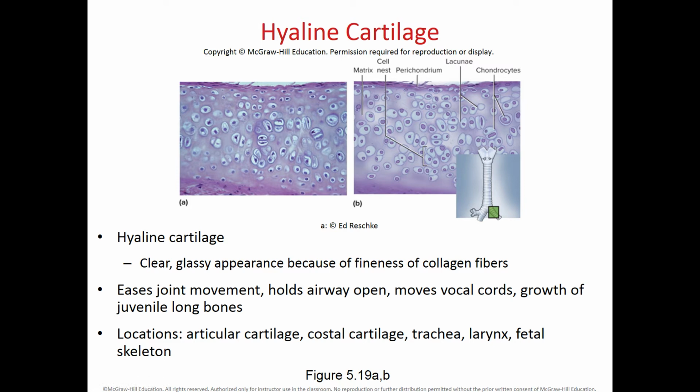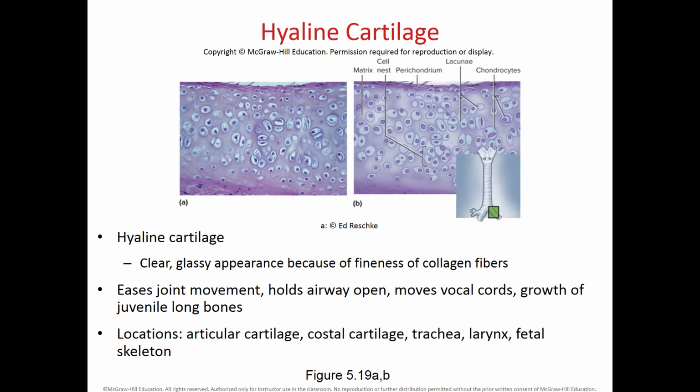Some of its functions are to ease the movement of joints, to maintain the structure of the trachea and bronchioles so the airways stay open and air can go into our lungs, to help move the vocal cords, and to promote the growth of bones in young adults or children.